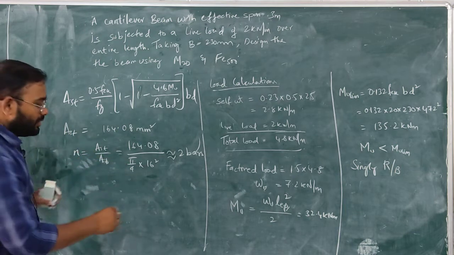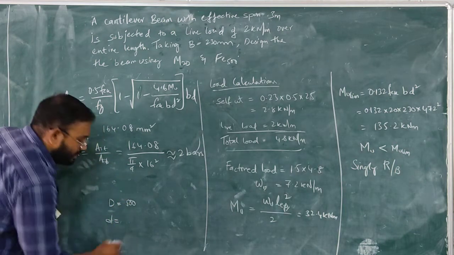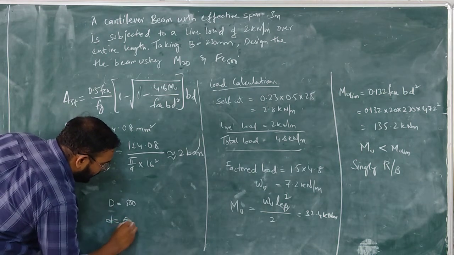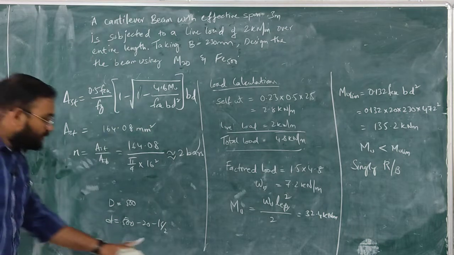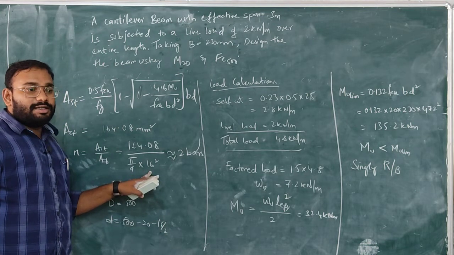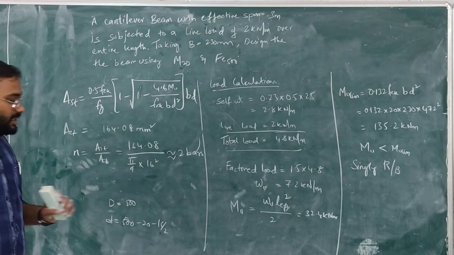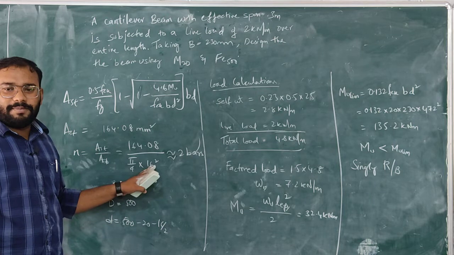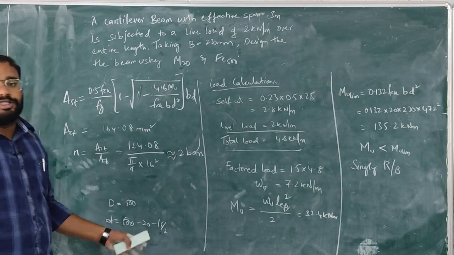If you remember, you have assumed D as 500, and calculated small d, which is 500 minus 20 minus 16 by 2. So this will change if you are taking a 12 mm diameter bar here. But this will not make any difference. Instead of 474, you will get 472.